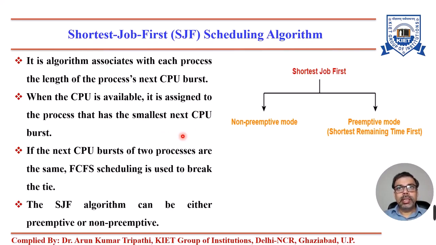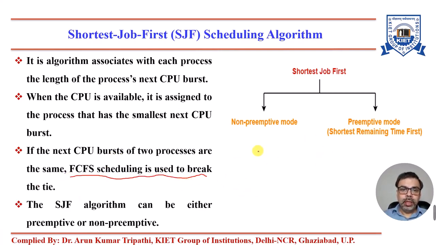If the next CPU burst of two processes is the same, which is the important one, if there is a tie, then the FCFS scheduling algorithm is used to break the tie.